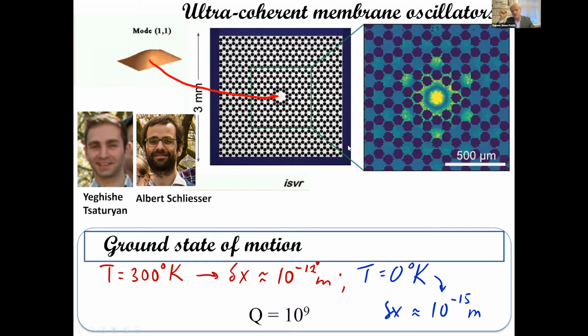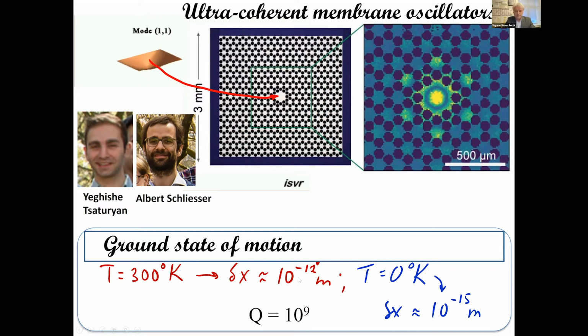The membrane has a thickness of about 100 nanometers, and the size of it is millimeters. So it's really a macroscopic object. You can look at it. It's very thin, but still, it's a macroscopic oscillator.